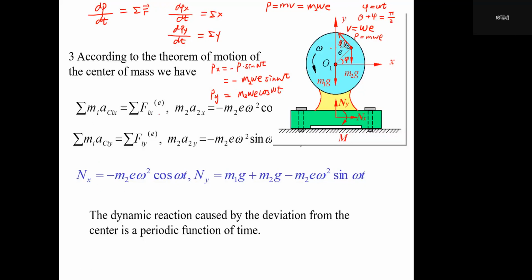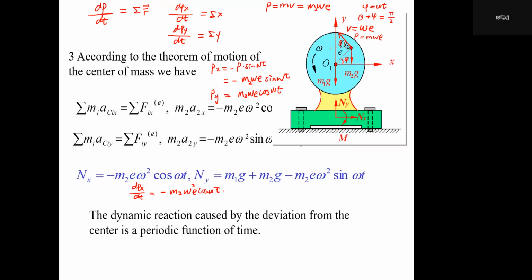So we can use dpx/dt equals sigma Fx. So dpx/dt equals what? Equals minus m2 omega e. Sine omega t, its derivative will be cosine omega t times omega, so another omega here will give omega squared, right?